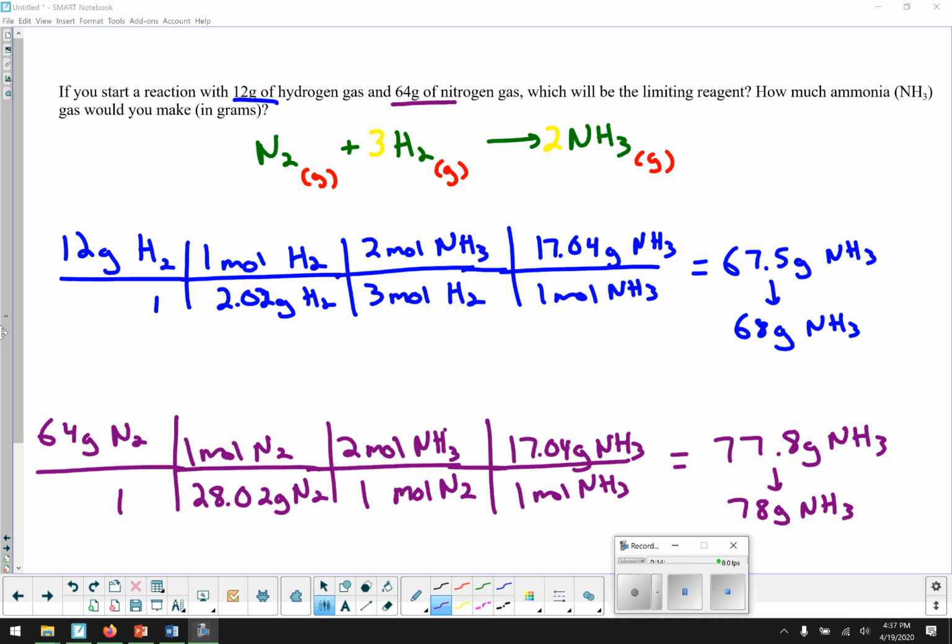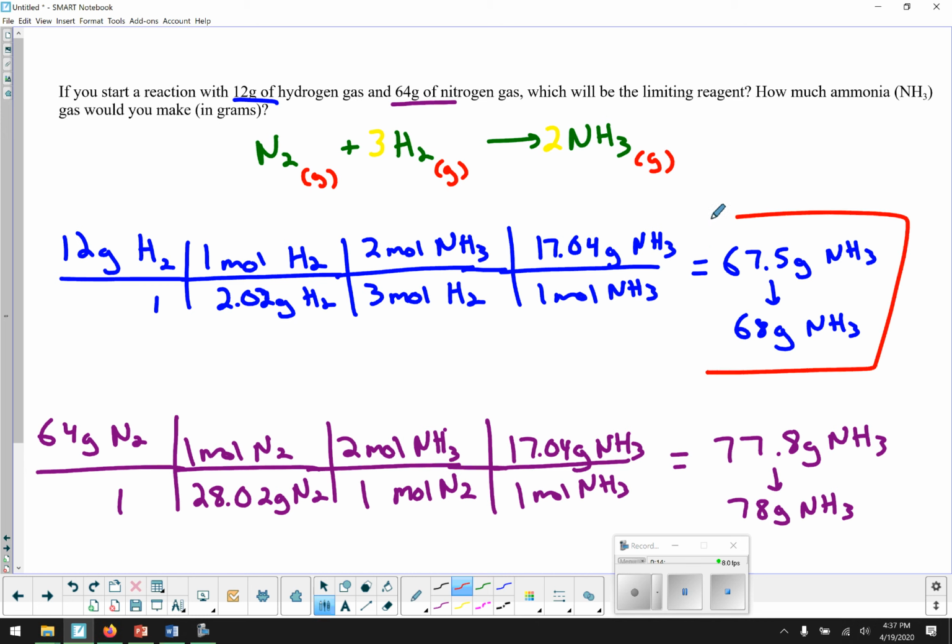Everything else is pretty straightforward stoichiometry, and we find with 12 grams of hydrogen, we can make 68 grams of ammonia. And with 64 grams of nitrogen, we can make 78 grams of ammonia. So what's going to happen is we're only going to make the 68 grams.